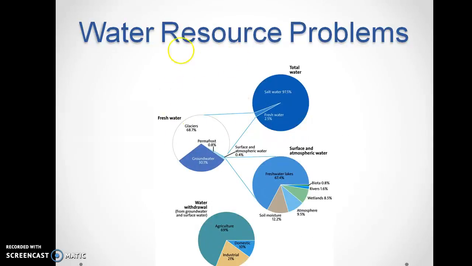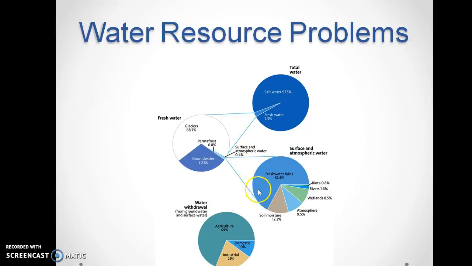So this graphic here breaks down the water. If you look at all the water that's on the earth, about 2.5% is fresh water. Of that fresh water, most of it is locked up in glaciers and permafrost. And then some of that is actually in groundwater. And then this little part here, surface and atmospheric water, this little 0.4%, we're going to take that out.